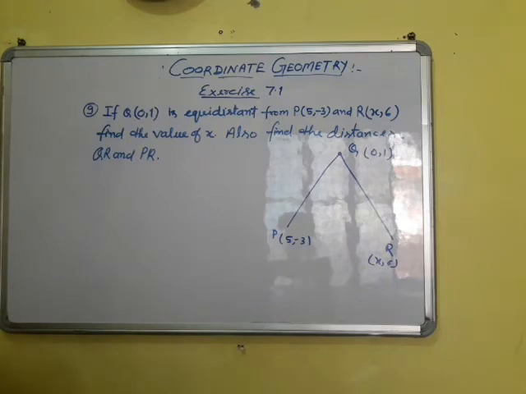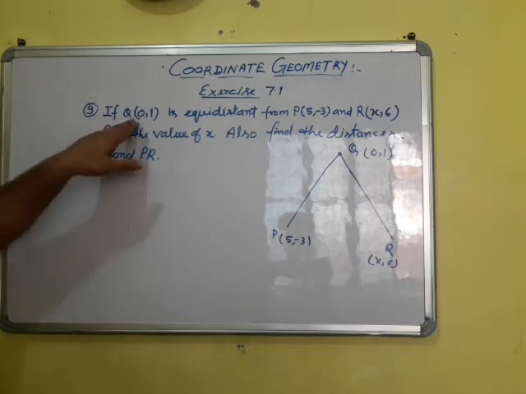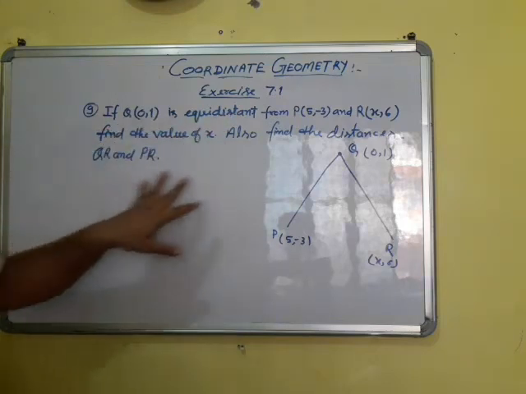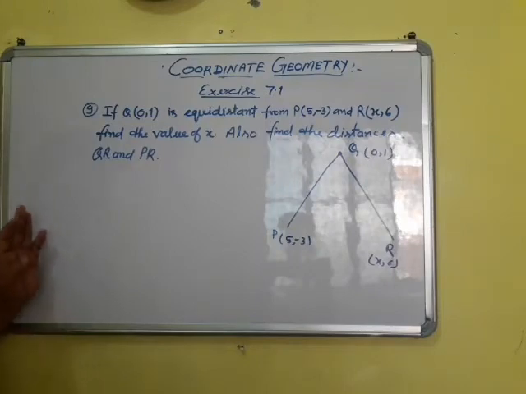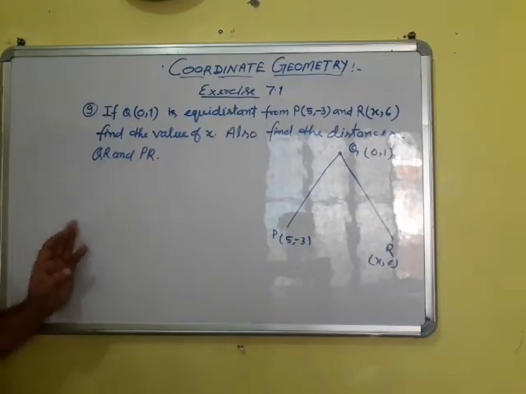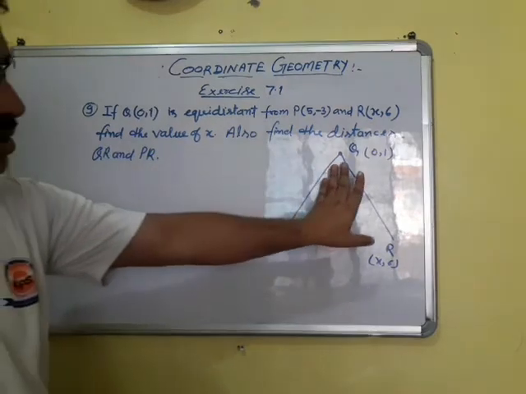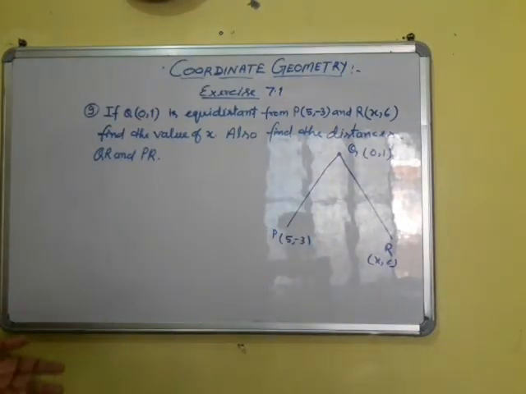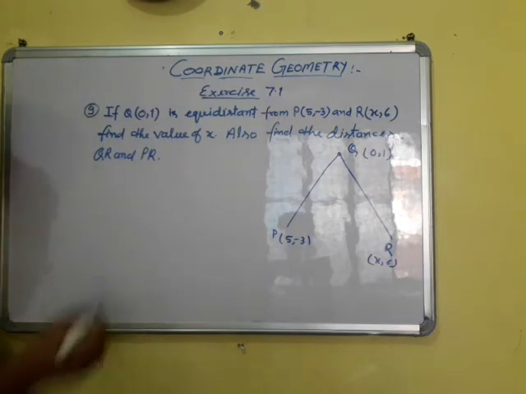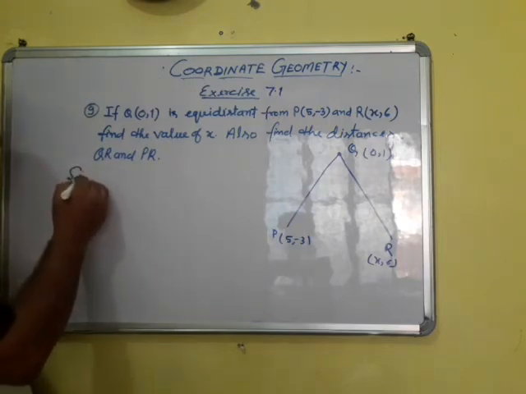Clear? Now, Q is equidistant from P and R, so PQ and QR are equal. It is the same formula, just like question number 8.